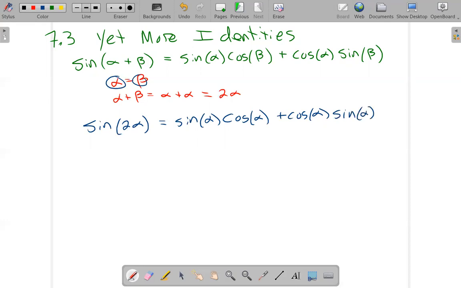And it doesn't matter whether I multiply sine cosine or cosine sine if the angles are the same, so these two are the same thing, so that means I get twice the sine of alpha cosine of alpha. So now I have a new formula, and this is called the double angle formula for the sine.